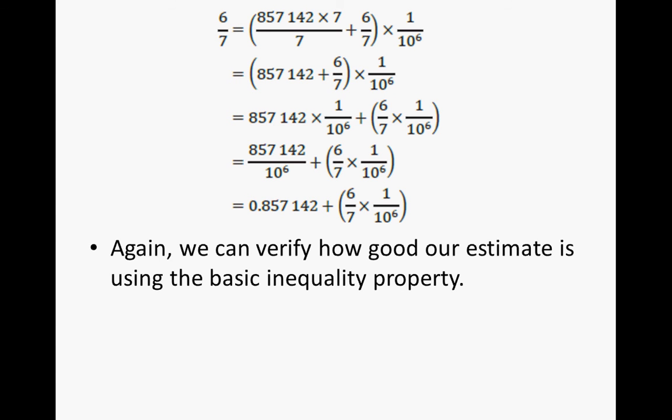Again, we can verify how good our estimate is using the basic inequality property. We know that 6/7 is less than 1, even though it is really close to 1. But when we multiply 6/7 times 1 over 10 to the 6th power, it is still going to be less than 1 times 1 over 10 to the 6th power.